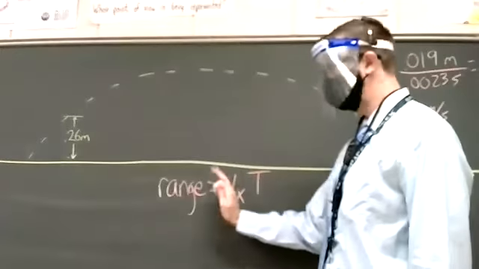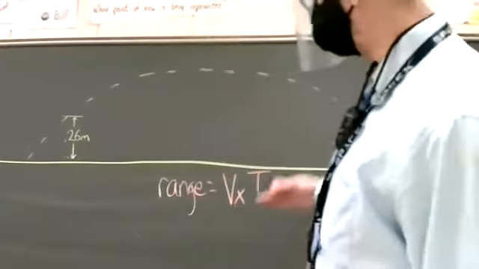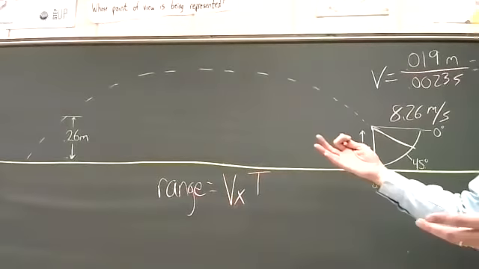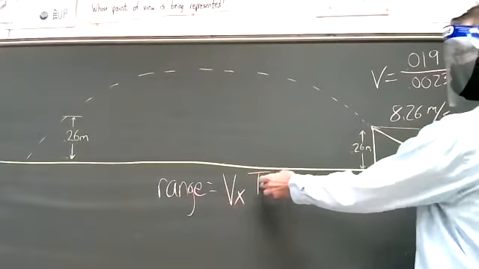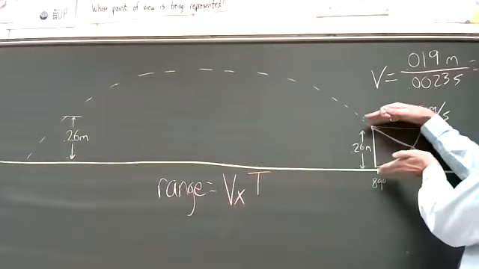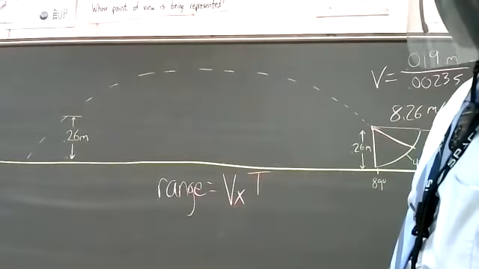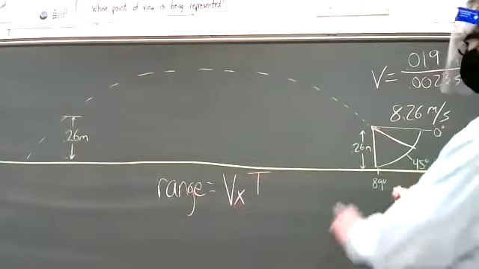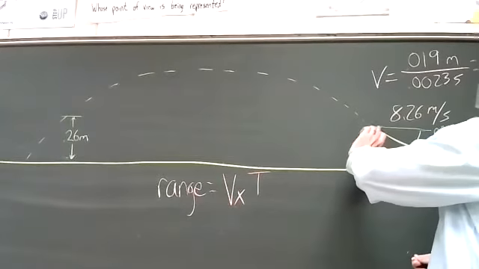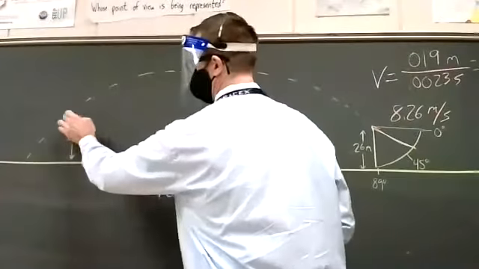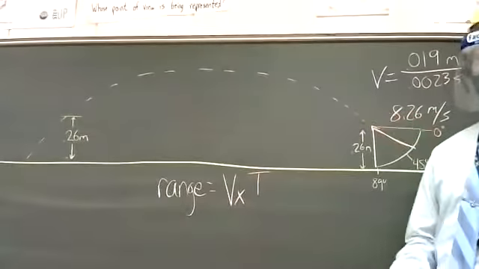So those are the only two things that affect the range of a projectile: how fast it goes this way and how long it's airborne. How long it's airborne is really dependent upon how high up it starts. So note that our marble launcher is 26 centimeters above the lab bench. In our calculations, we're kind of assuming it's going to land as high up as it starts. Well, that's not the case on the lab bench, right?